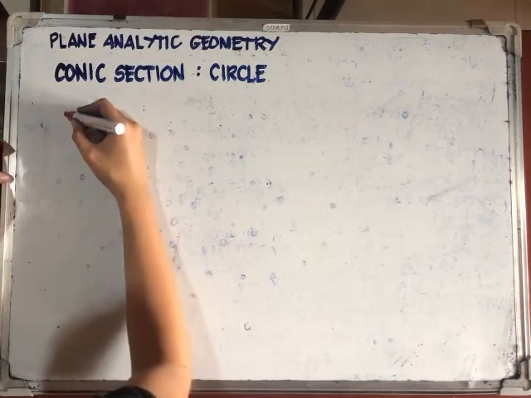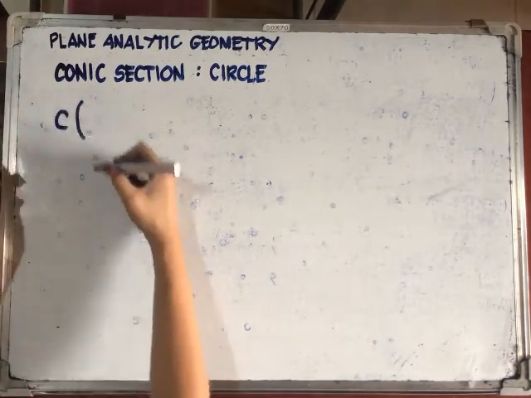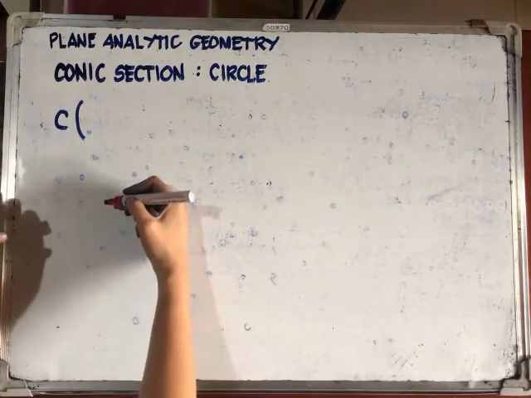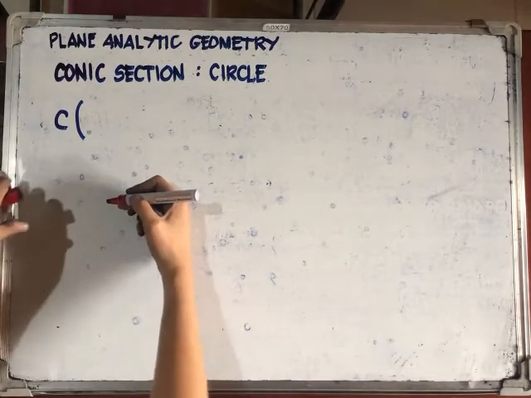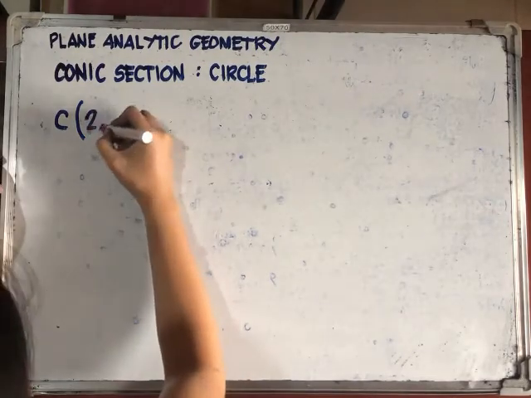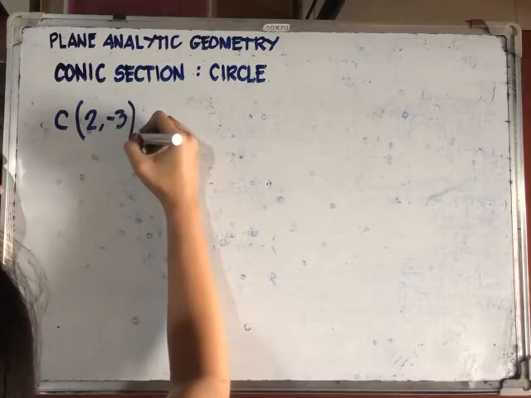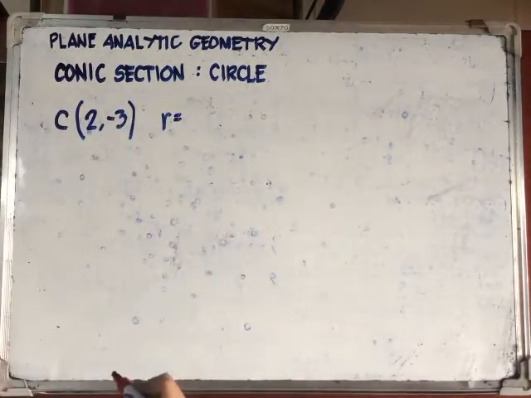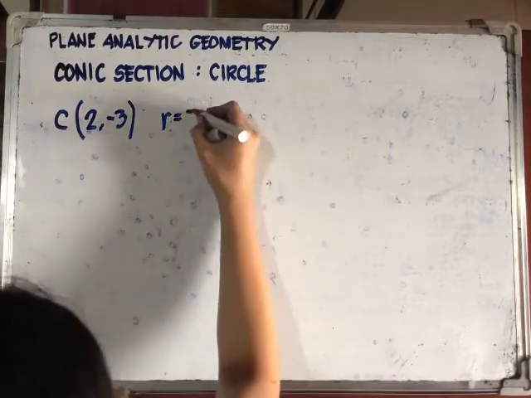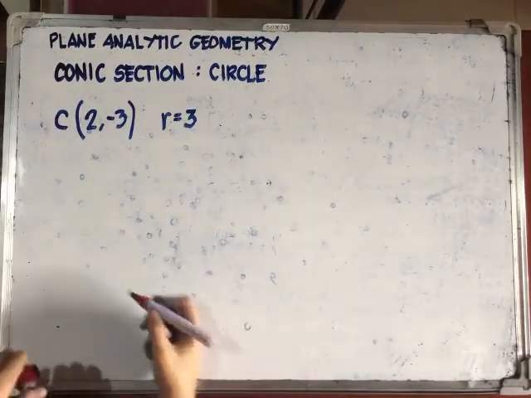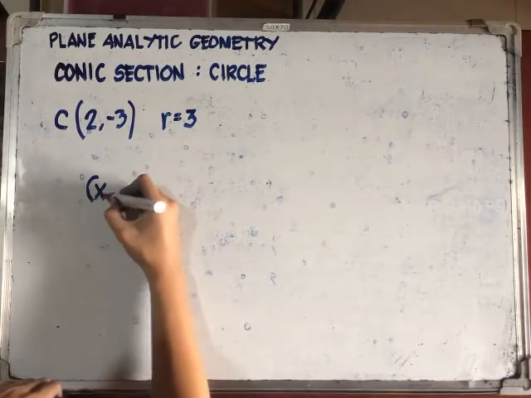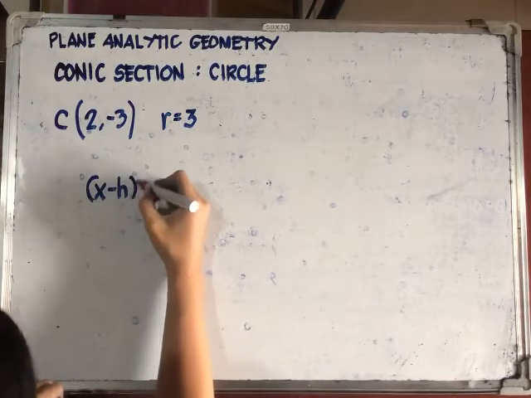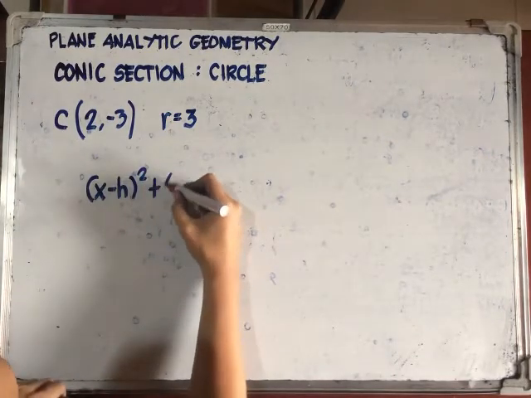Equation of the circle with center that is (2, negative 3), and you have your radius equal to 3.